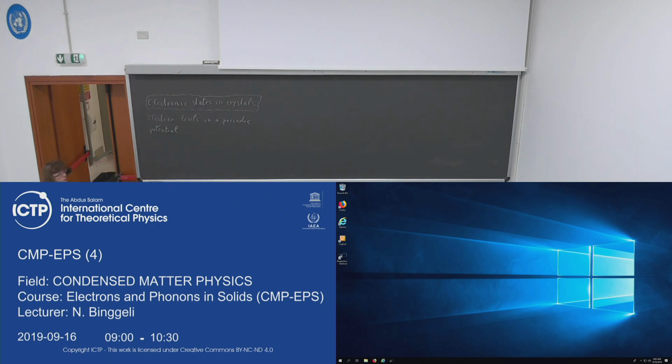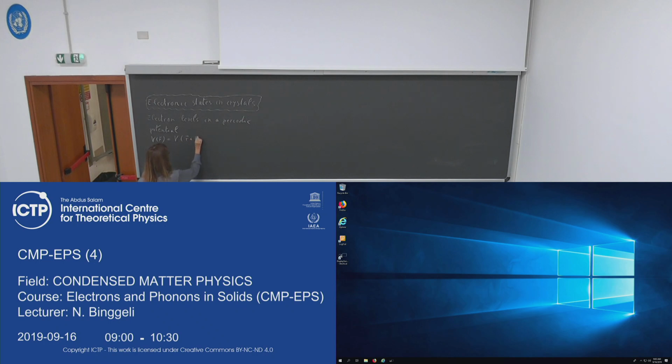So the potential we are considering is the crystal potential V of R, and this potential must have the periodicity of the Bravais lattice corresponding to the crystal that we are considering.